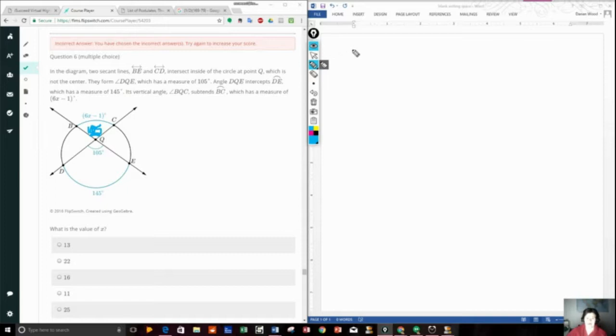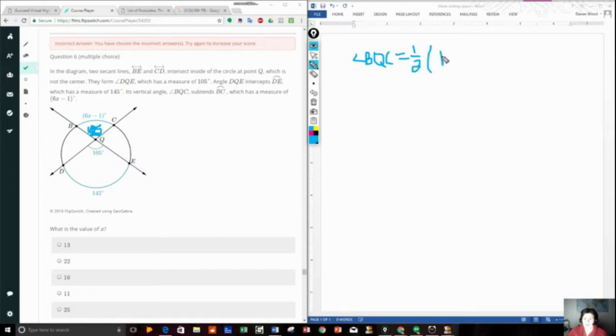they equal, so angle BQC is going to equal 1/2 of these two arc measures added together, the sum of it.